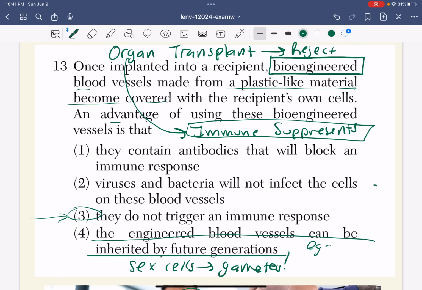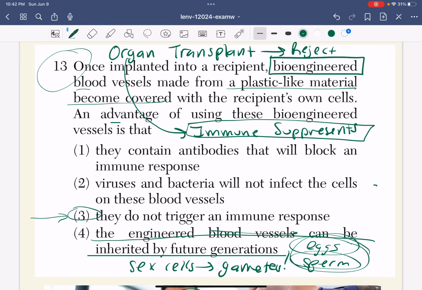So in eggs and sperm, these are the only cells that have DNA that you pass on to your offspring. Not blood vessel cells, not skin cells, not muscle cells. Egg and sperm cells have the DNA for sexual reproduction for you to pass on your genes to the next generation.